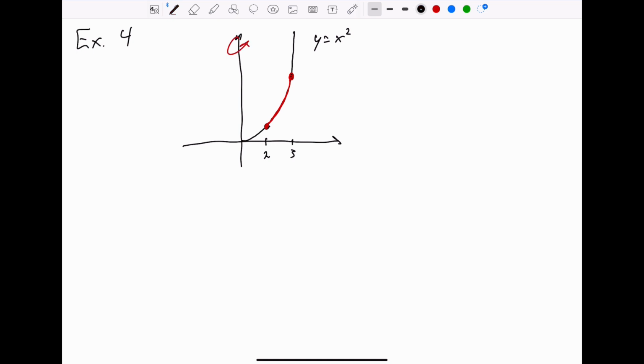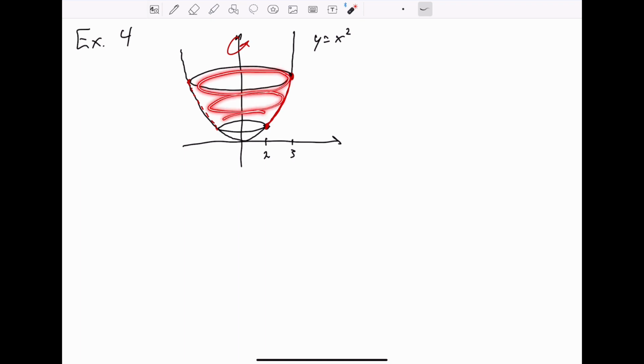So when we do that, we get a shape that looks something like this. We're taking the surface area of this rotated shape, rotating it about the y-axis now.